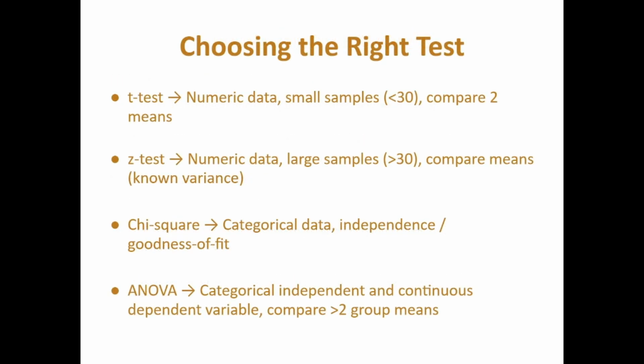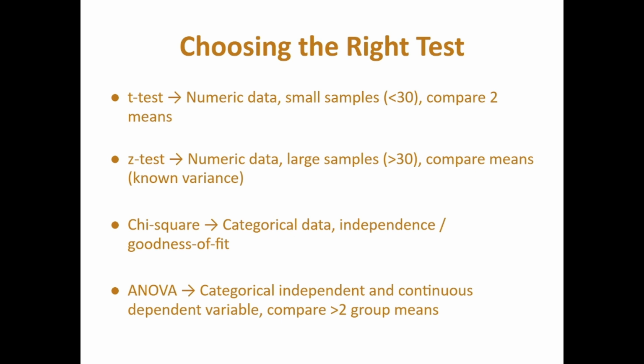Now I have explained all the tests like t-test, z-test, chi-square and ANOVA, and I have given you some small mathematical examples also. Now you may have the doubt about where to use which test. So here I will give you a brief idea for that.